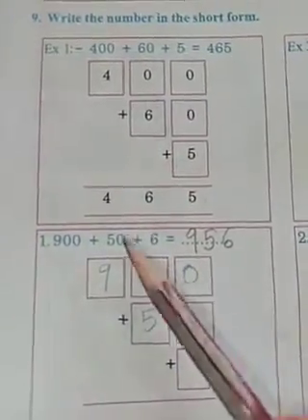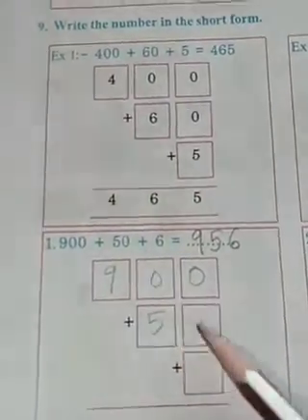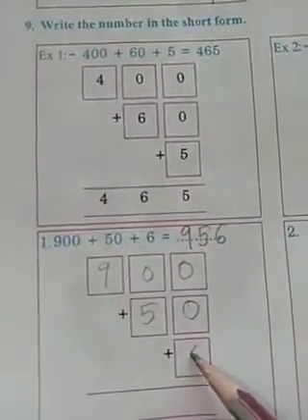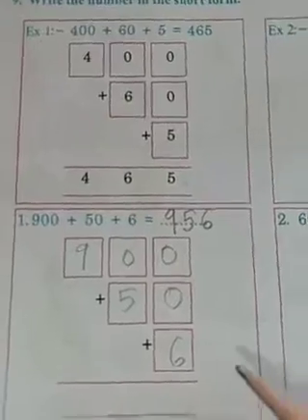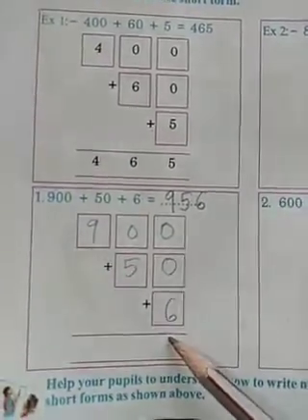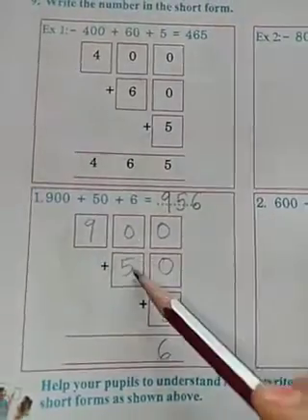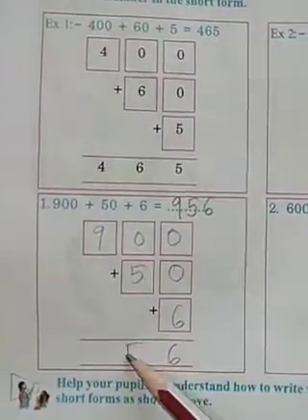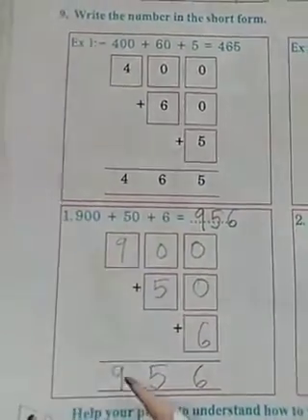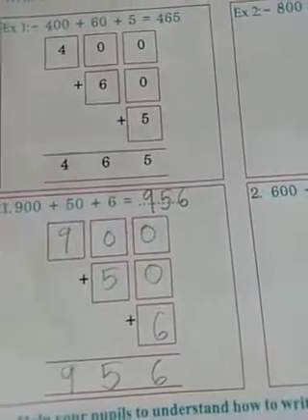In which place? Tens place number only here. Then 6. In which place? Ones place. So now 0 plus 0 plus 6 is 6. 0 plus 5 is 5. 9. So 956.